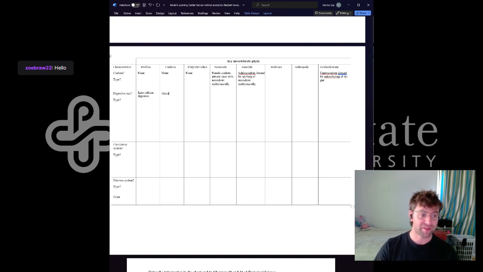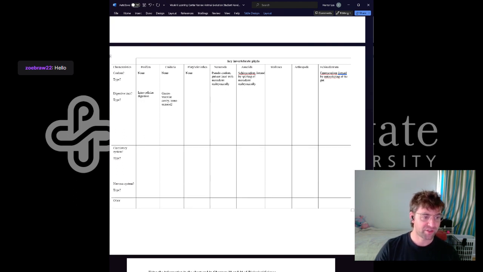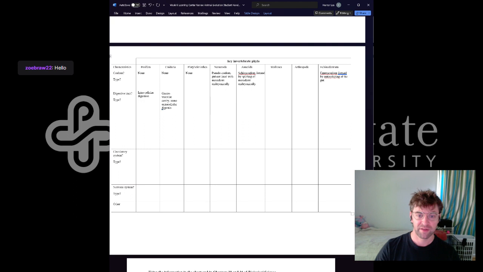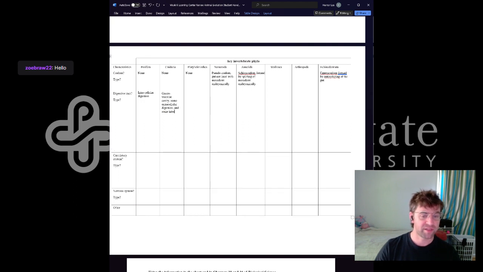Cnidaria, we do have a gastrovascular cavity, some extracellular digestion, and some intracellular.